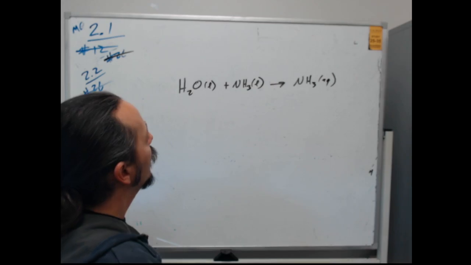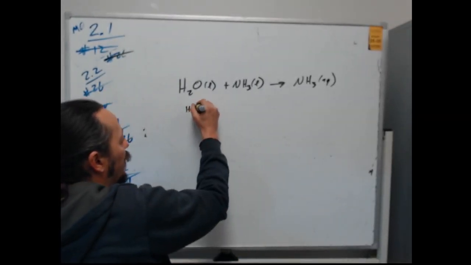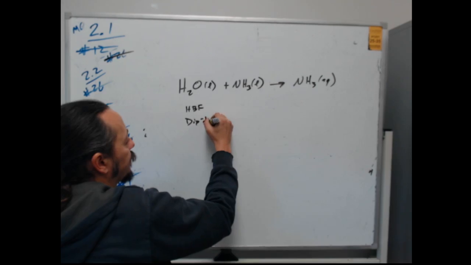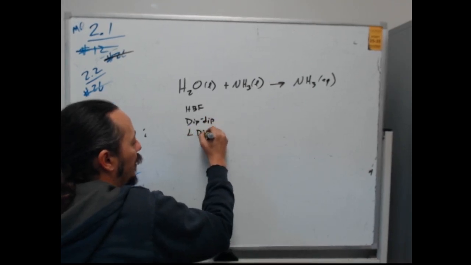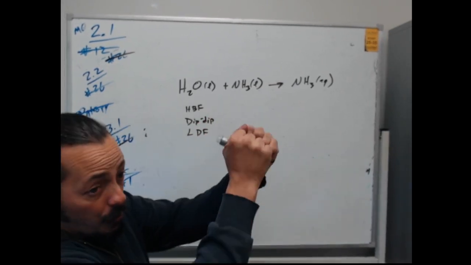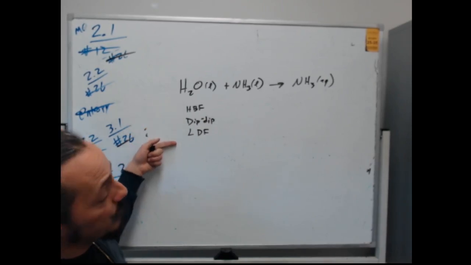And what I know is that my water here has hydrogen bonding force, dipole-dipole, London dispersion force. So if I want to get my water molecules away from each other so the ammonia can fit in between, I've got to put a bunch of energy in.